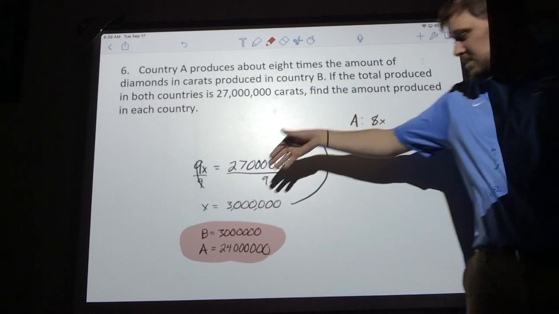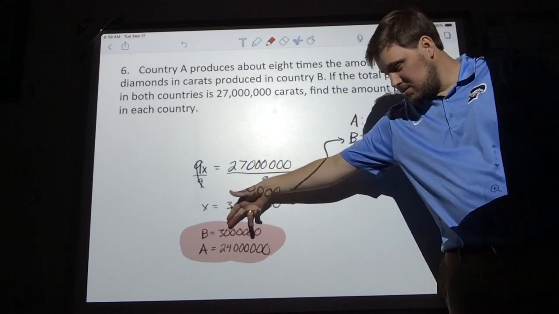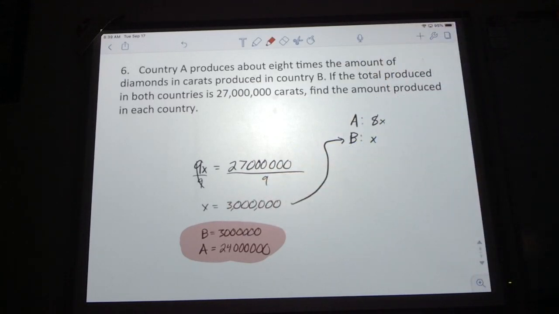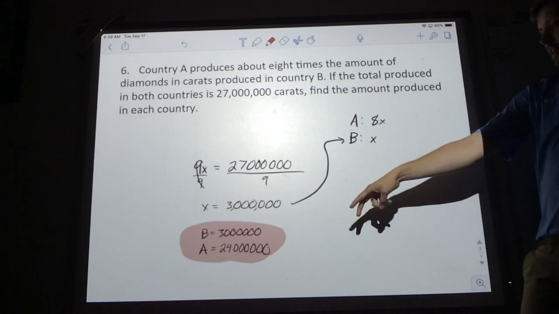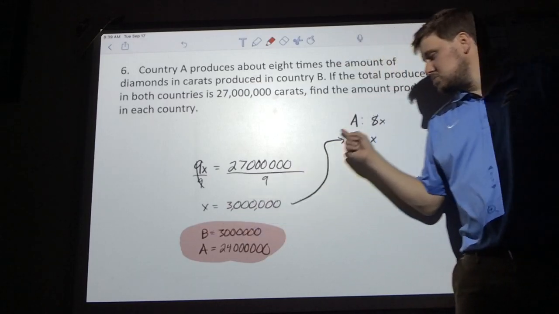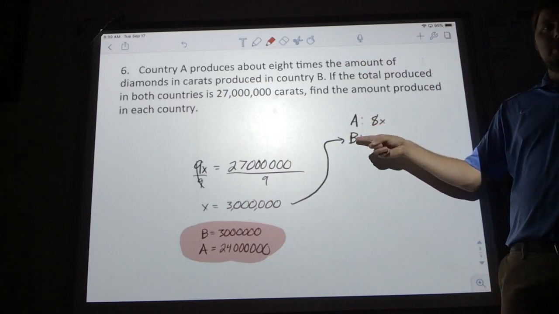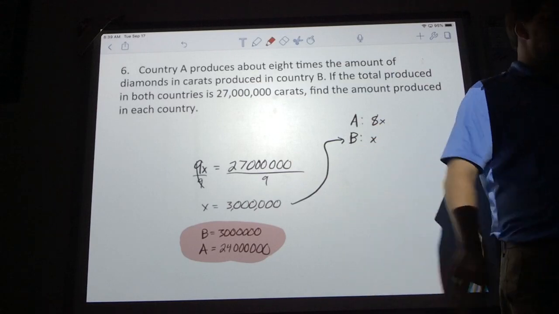Sometimes people give me some number with digits in all of these places and then subtract them. Okay? It should be a very straightforward answer. The most common mistake is flipping these. Getting the correct numbers but putting them in the wrong blanks. Okay? You can see that it did give us B first this time, and it'll probably have your answers written out A then B. So just make sure you put them in the right blanks.